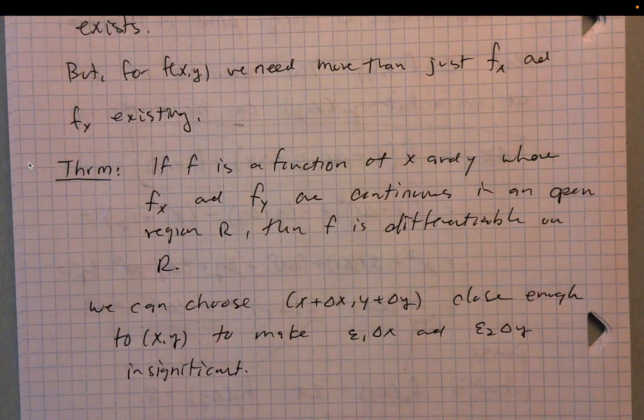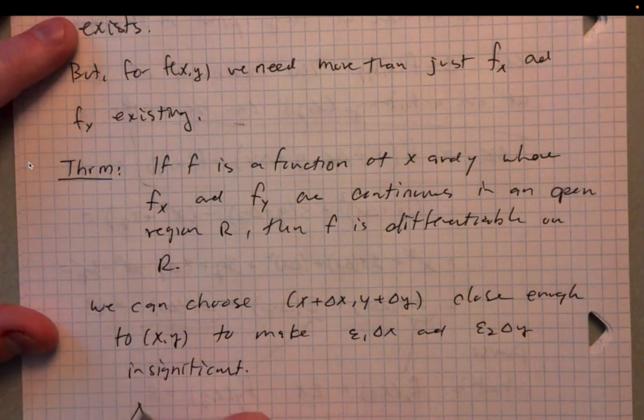Right, so in other words, for small increments of x and y, we can use the approximation delta z equals dz.